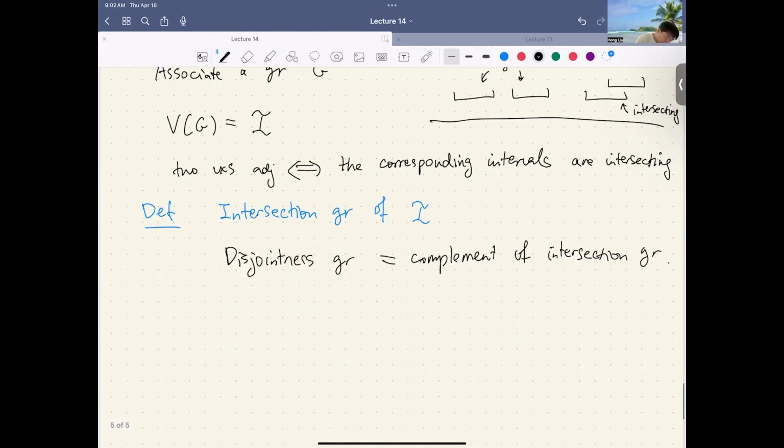In this case, the clique means a subcollection of intervals that are pairwise intersecting, right? Because for every pair, you have an edge in G, in the intersection graph.